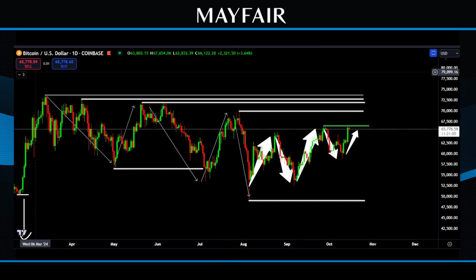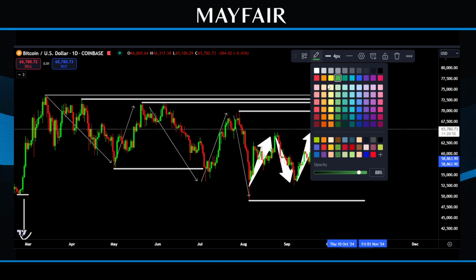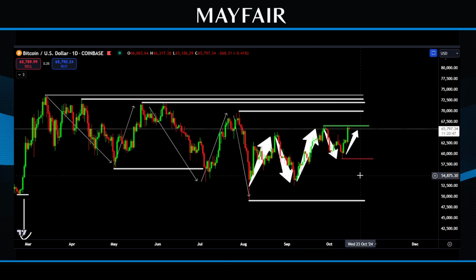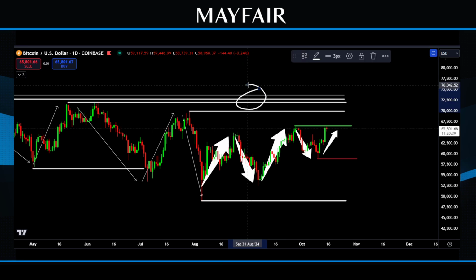Okay, so right now, although we've got an uptrend, we can now start our count from down here. I'm going to change this to red just so it's easy to follow along in terms of where I'm at. All right, so what this means for me is we haven't broken any of this stuff up here.